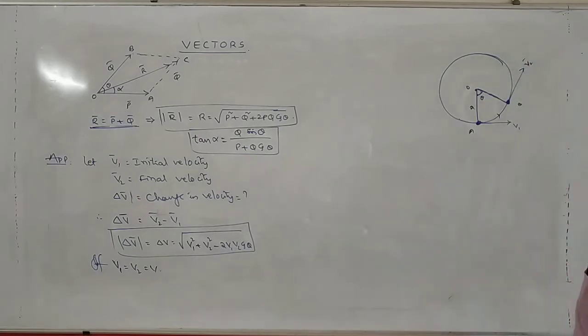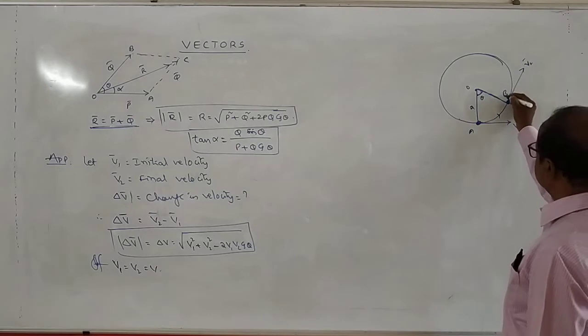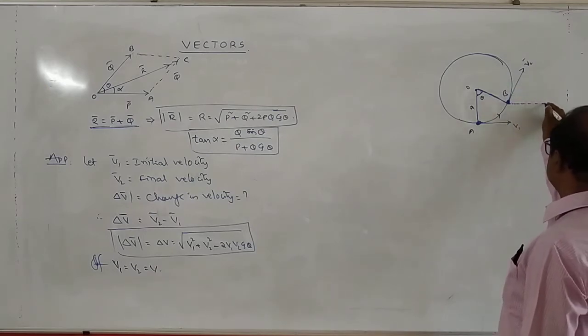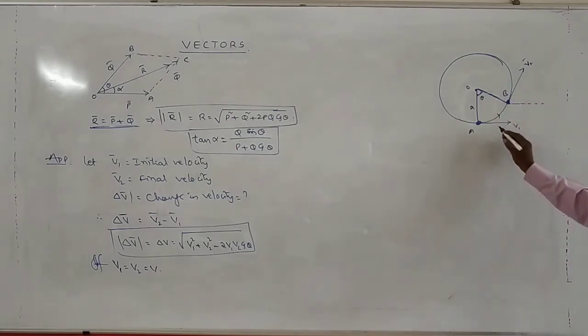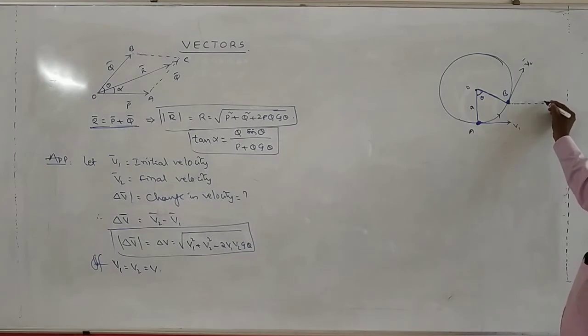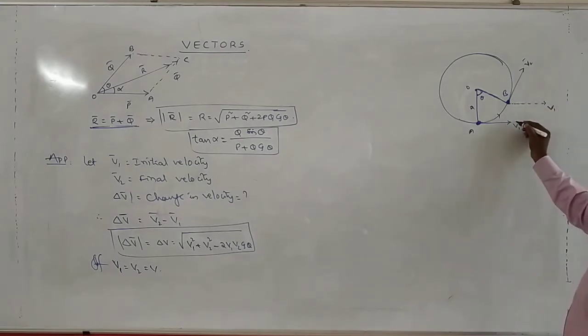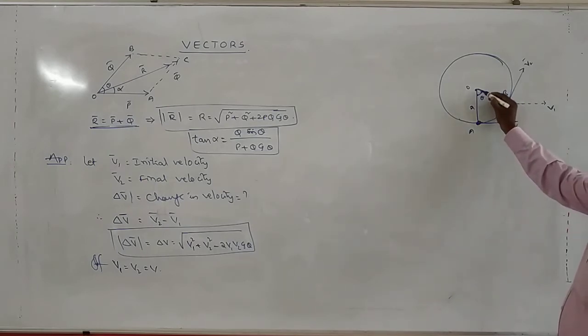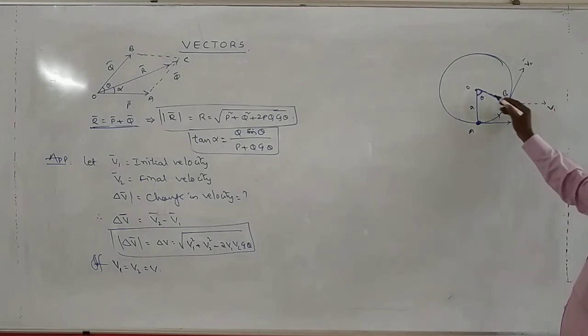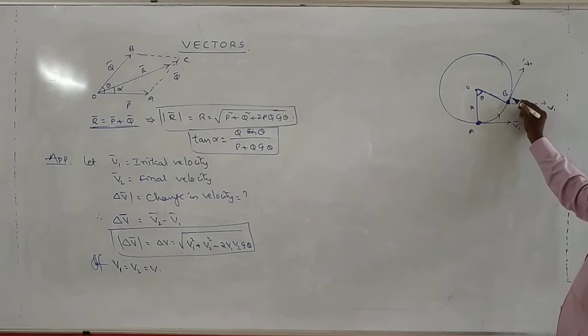Taking the horizontal axis, simply v1 bar is drawn. Here the angle made by the radius vector at the center is equal to theta, and the angle between v2 bar and v1 bar is also equal to theta.